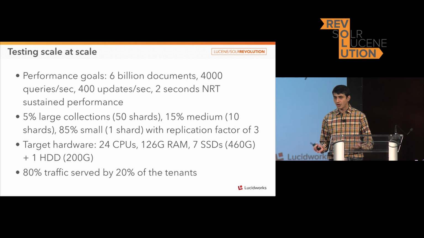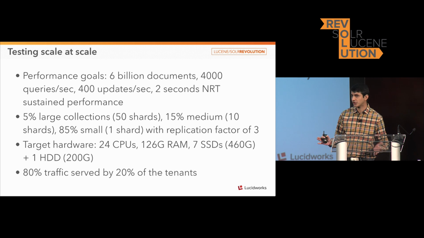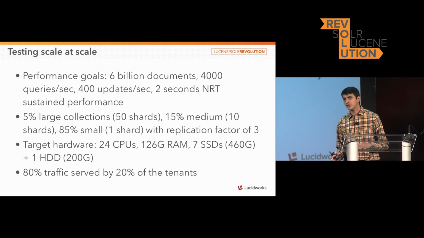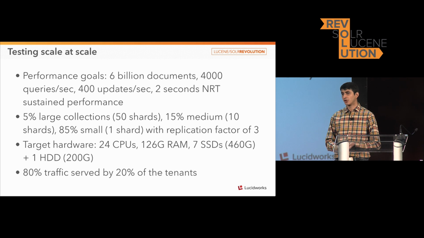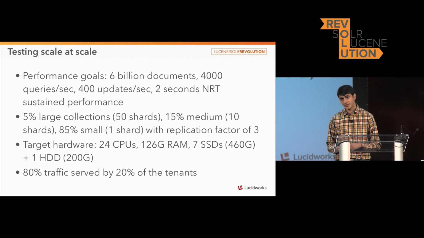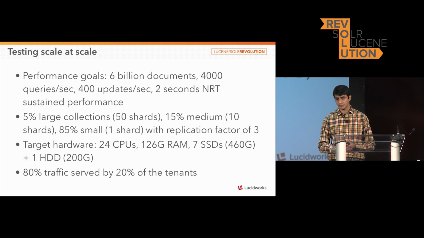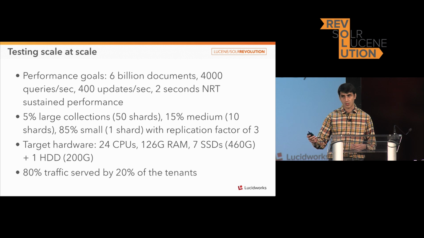So we started with very modest performance goals. We had about 6 billion documents. We were trying to reach 4,000 queries per second and 400 updates per second with a 2-second NRT time. At the start, we were not very sure whether a 2-second NRT turnaround could be achieved, but it turns out that we did, and we actually surpassed it, and I'm going to talk about it in a bit.